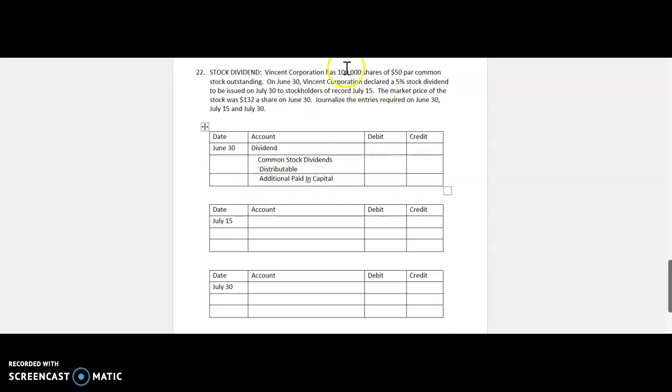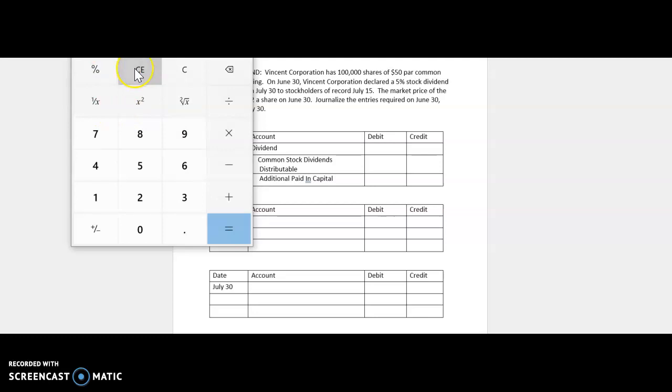So if we take 100,000 and do 5%, that's going to tell me the amount of stock that I'm issuing. So 100,000, and then you're going to do times 0.05. So I'm issuing 5,000 shares of stock.